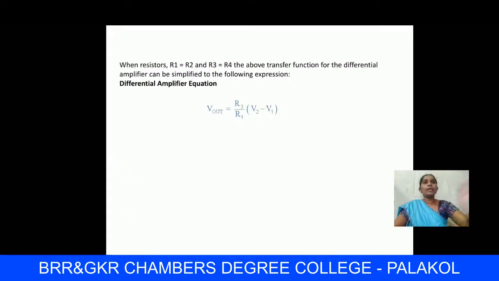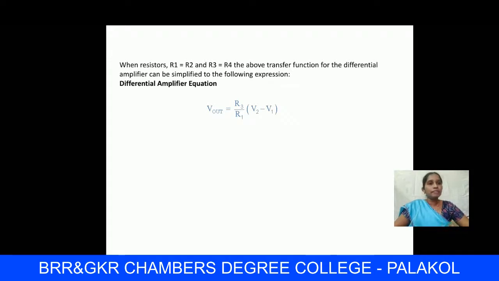Okay, so when the resistors R1 is equal to R2 and R3 is equal to R4, the above transfer function of a differential amplifier can be simplified. We substitute R1 equal to R2 and R3 equal to R4 in the above equation. Therefore, the final differential equation is V out equal to R3 divided by R1 into V2 minus V1.